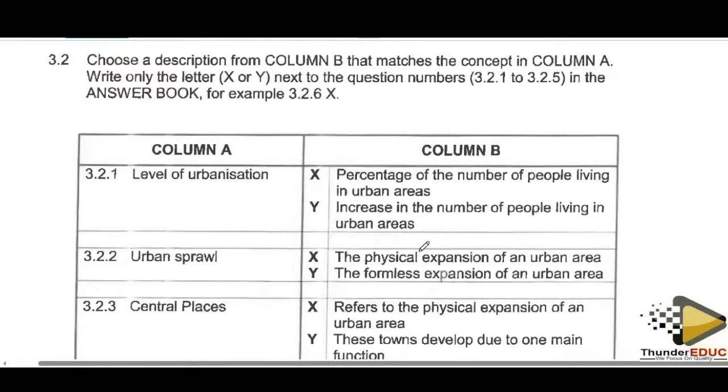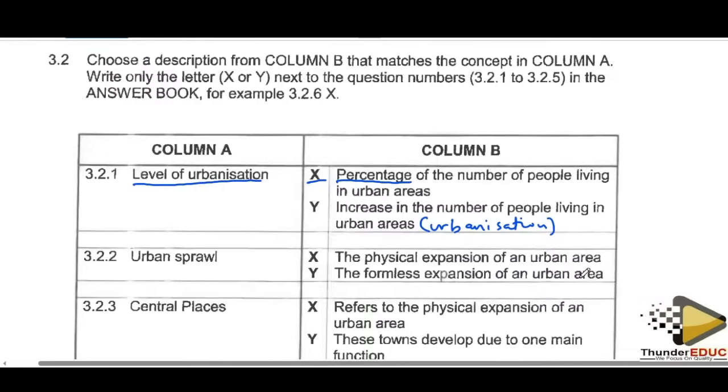I think our correct answer is going to be X, the percentage, because the increase in number does not just refer to urbanization. Yet the level, we're looking at the percentage of people living in urban areas, which is the same as the level of urbanization.